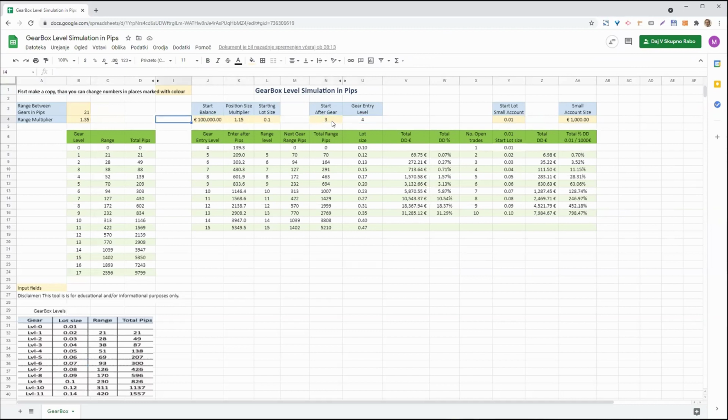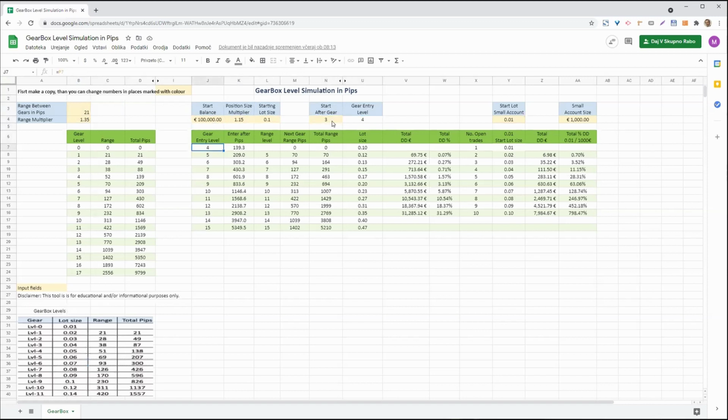We have the casual range and range multiplicator. We have a 21 pips range, and this is the standard 1.45 range multiplicator. If we leave it like this, these are the basic settings on the EA, on GearBox. So we say, okay, if we enter after level 3, then the gear entry will be at level 4.